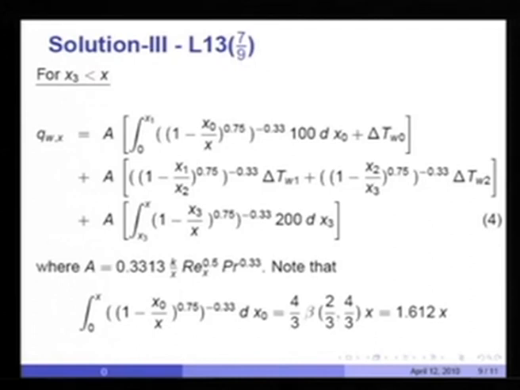Very useful result, very useful. So, one can make use of that here to simply replace these quantities by 1.612 x, that is all there is to it, which will be 1.612 x1 minus 0, multiplied by 100, and this would be 200 into 1.612 times x minus x3, into 200.